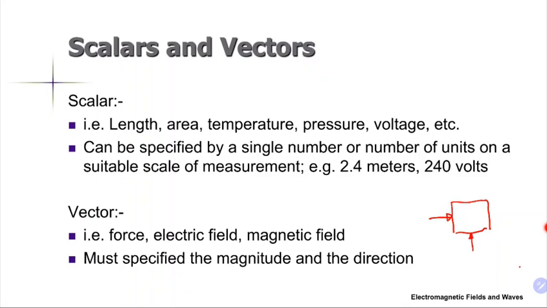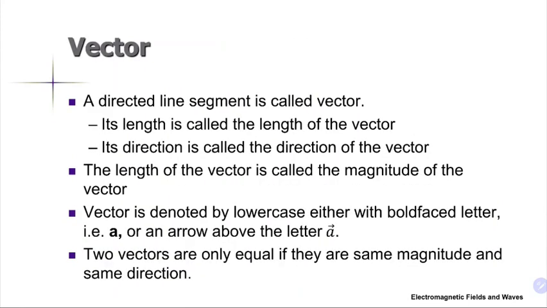Or if I put the force at an angle here, it's different. Although they have the same magnitude, because we apply it in different directions, it has a different effect on that box. So that is a vector, and that's what we're going to look at in this topic.